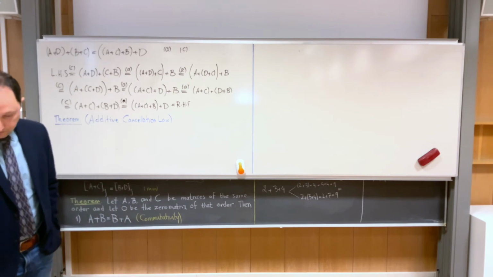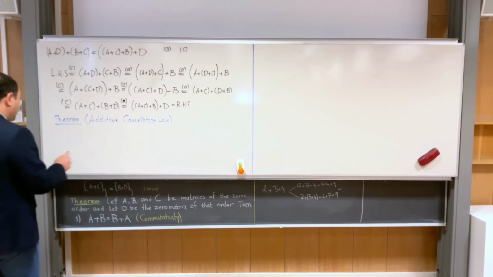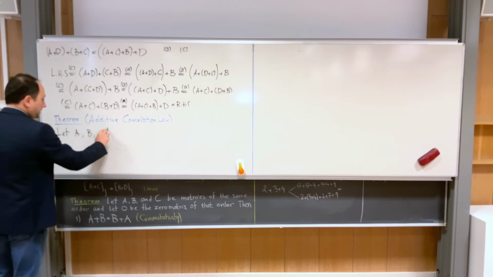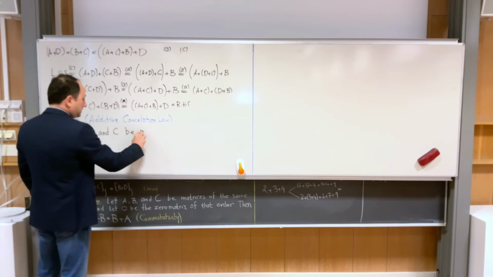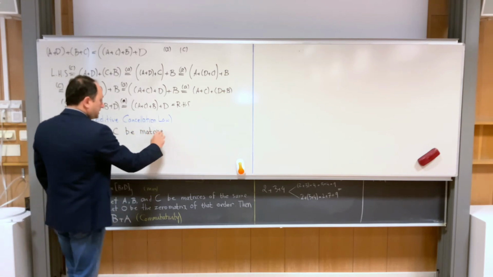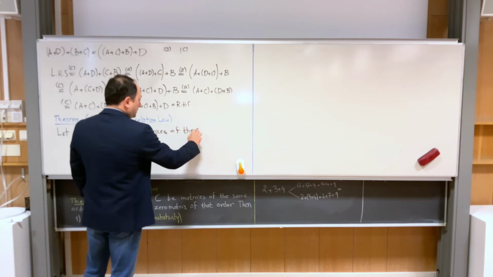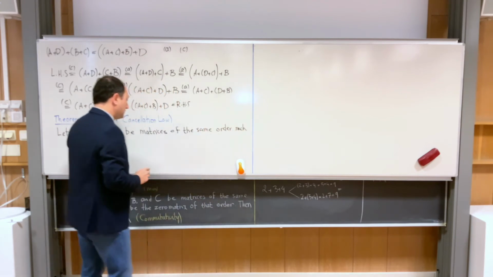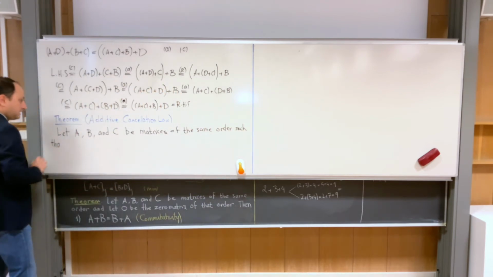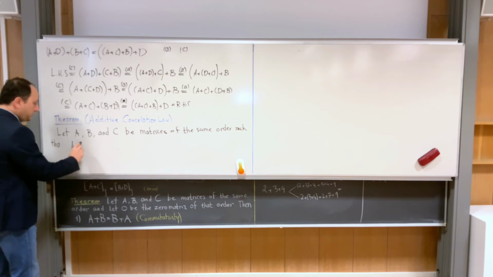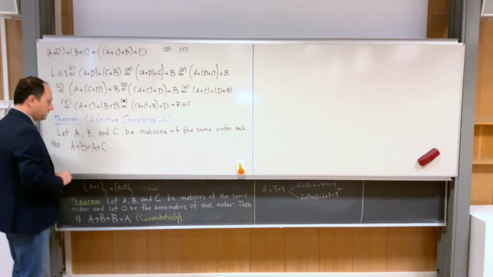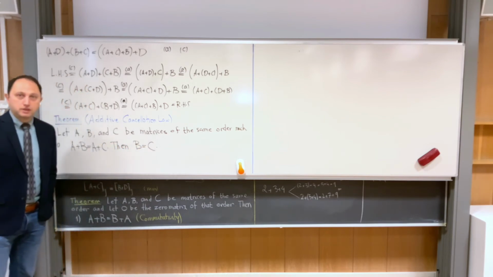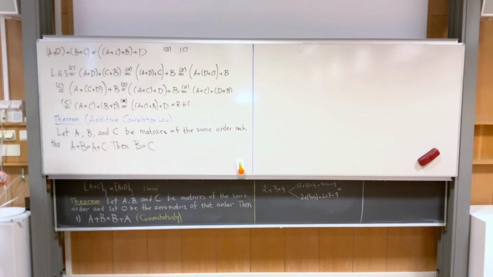Okay, so let A, B, and C be matrices of the same order such that we know this. We know that A plus B is equal to A plus C. Then we conclude, if we want to, that B is equal to C. Okay?